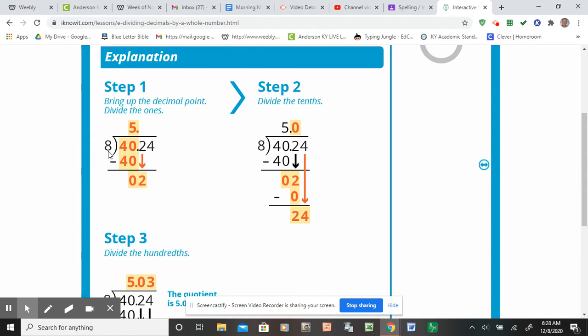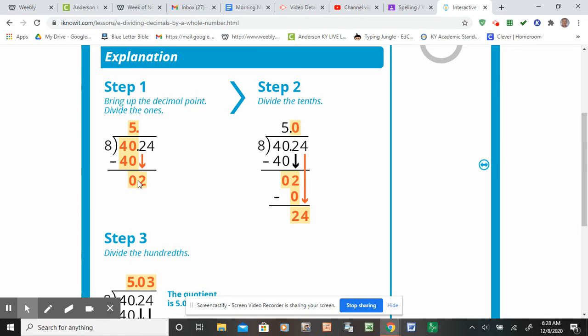But how many 8s are in 40? 5. Now remember, put the 5 above the ones place of the number you're dividing into. Then multiply next. 5 times 8 is 40. Subtraction is next. Bring down the 0. Subtract and get 0. Then bring down your 2.